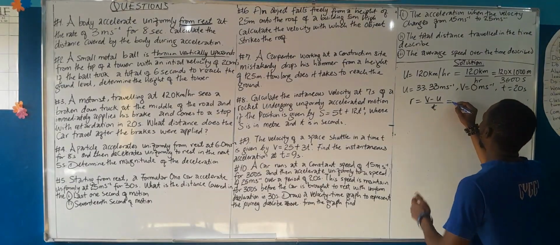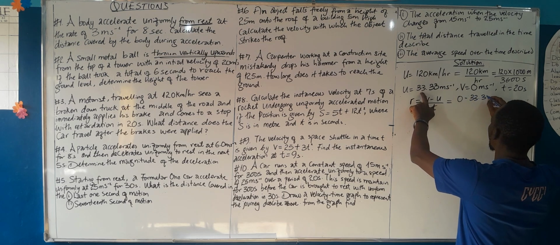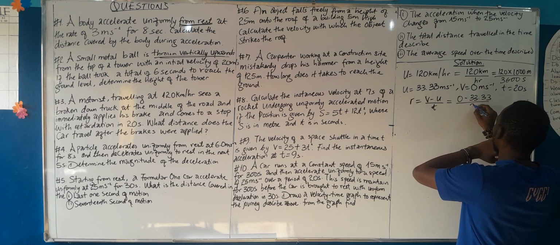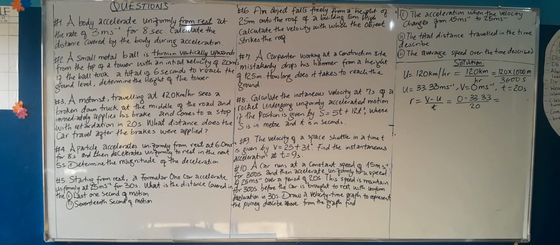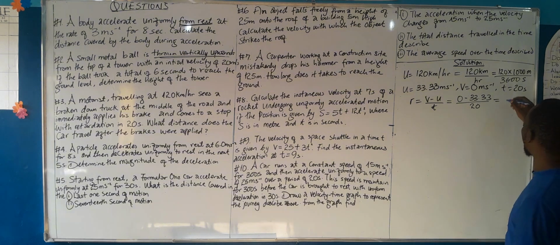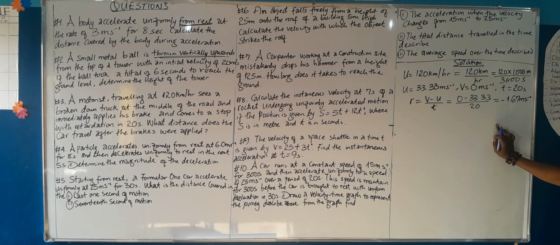So V is 0 minus 33.33 over 20 seconds, divided by 20. So our retardation is minus 1.67 meters per second squared. The negative sign is telling us that it is retarded.